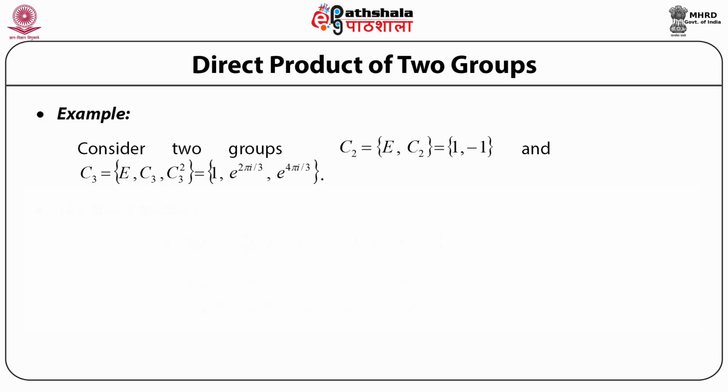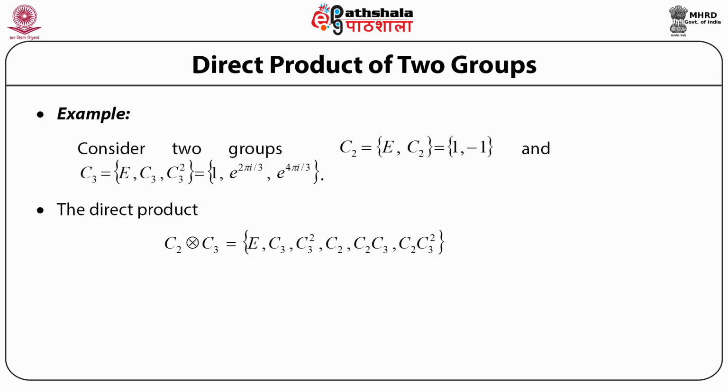And another group C3 of order 3, whose elements are E, C3 and C3 squared, where E is equal to 1, C3 is e to the power 2 pi i by 3 and C3 squared is e to the power 4 pi i by 3. The direct product of these two groups C2 and C3 consists of the following elements. It consists of E, C3, C3 squared, C2, C2C3 and C2C3 squared.